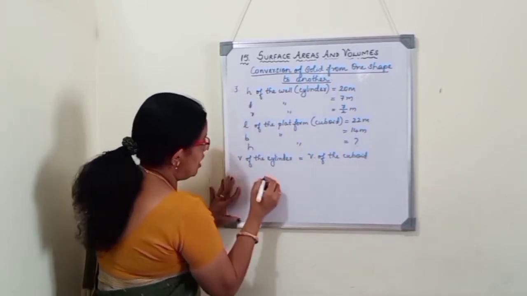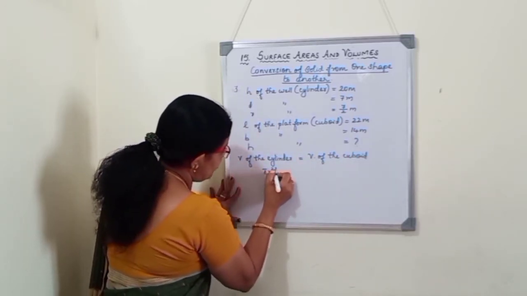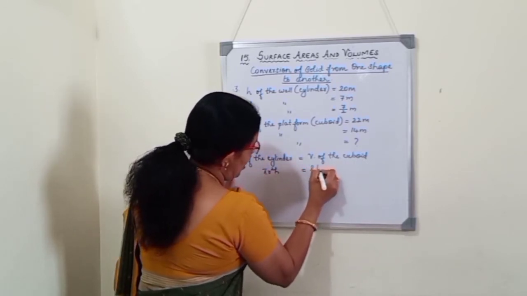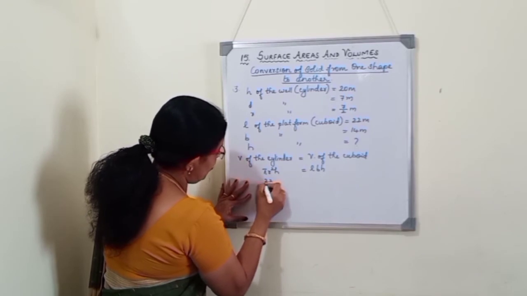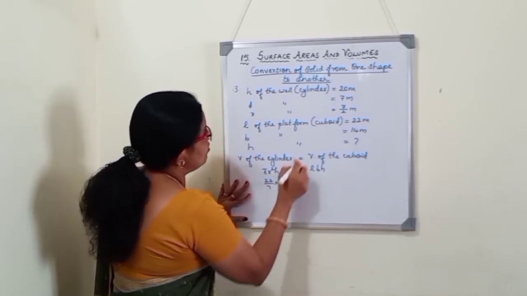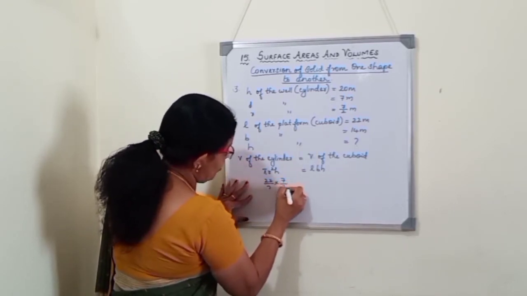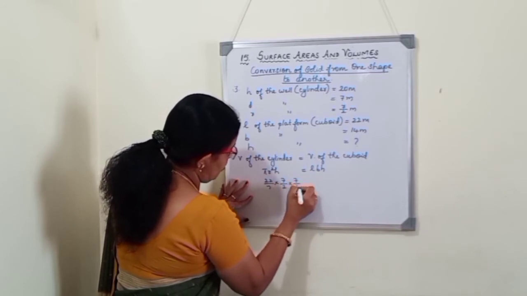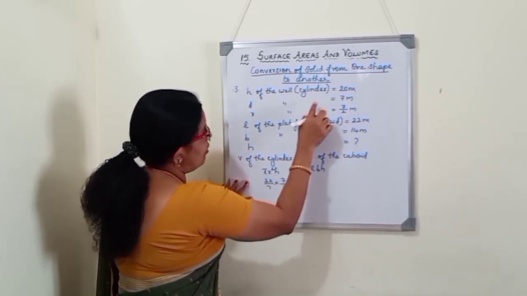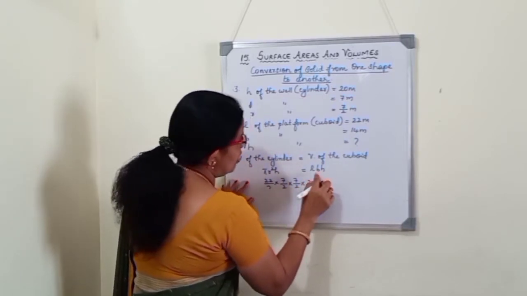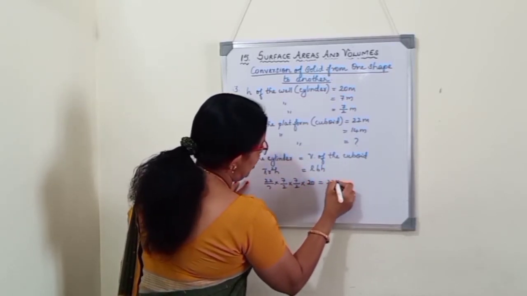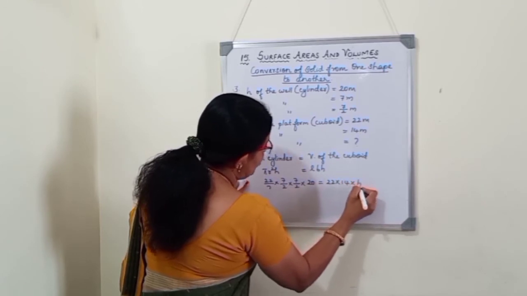The volume of the cylinder is pi r square h and the volume of the cuboid is L B H. So pi r square h, we will substitute 22 by 7 into radius of the cylinder 7 by 2 squared, so I'll write 7 by 2 into 7 by 2 into height of the cylinder, 20 meter, is equal to length 22, breadth 14 and height we should find.